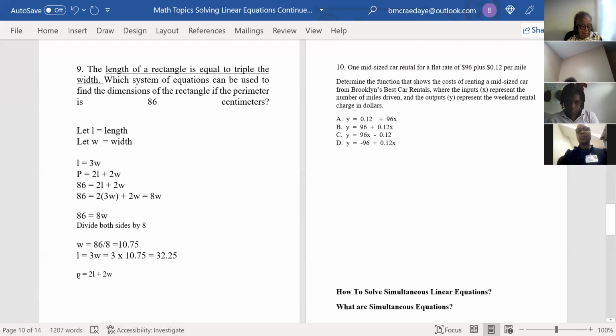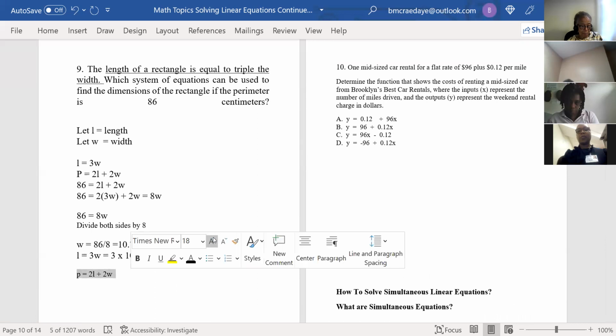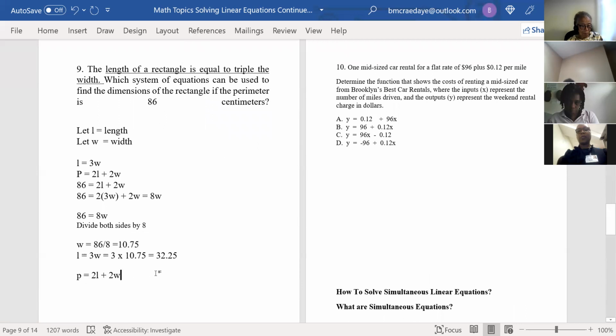Did you get 86? Okay, so we said the length, so this is what I'm saying to do. Yes, you get 86, right? So you know that's correct. 2 times 10.75, and when you multiply and add, you should get 86.